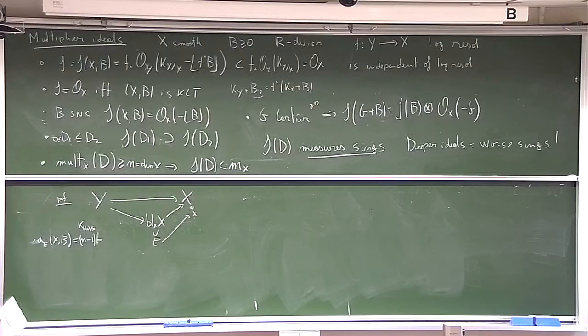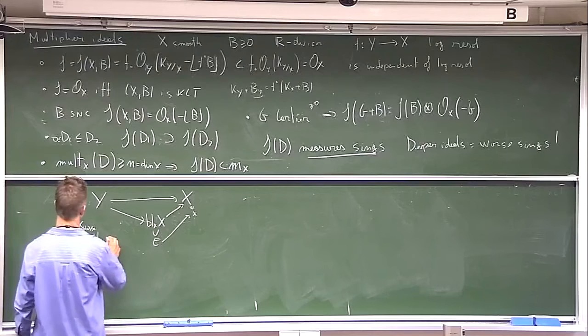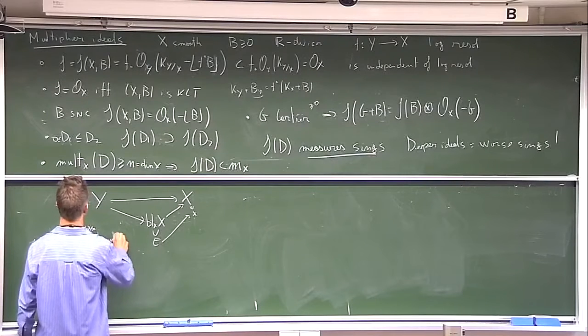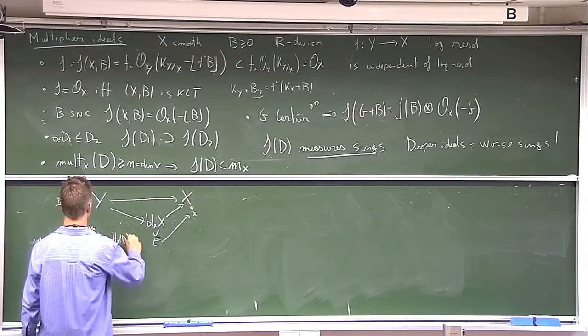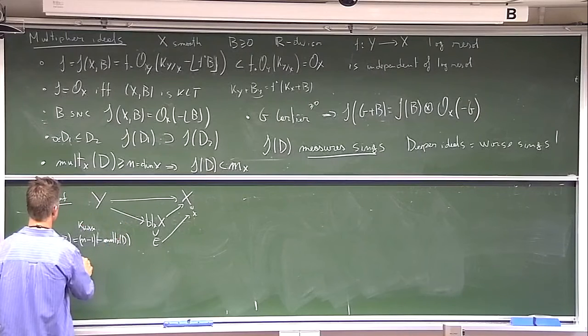Minus, what contribution do we get from B? Well, we get precisely the multiplicity. You could think of that as your definition, right? When you blow up at the point, the pullback of B will be its strict transform plus the multiplicity at the point times the exceptional divisor. So minus the multiplicity at x of D, and this, by assumption, is less or equal to minus 1.